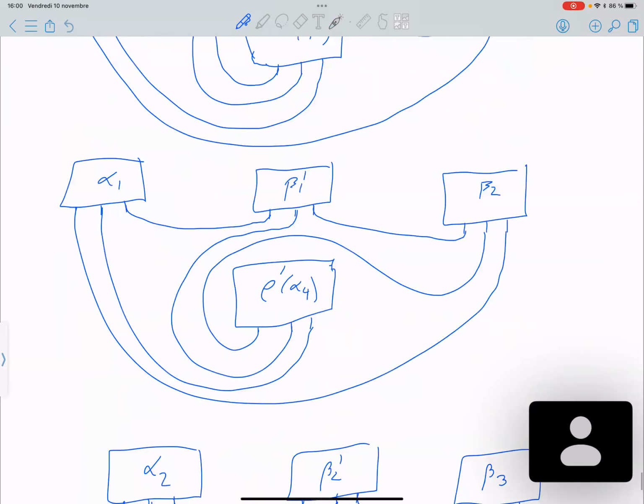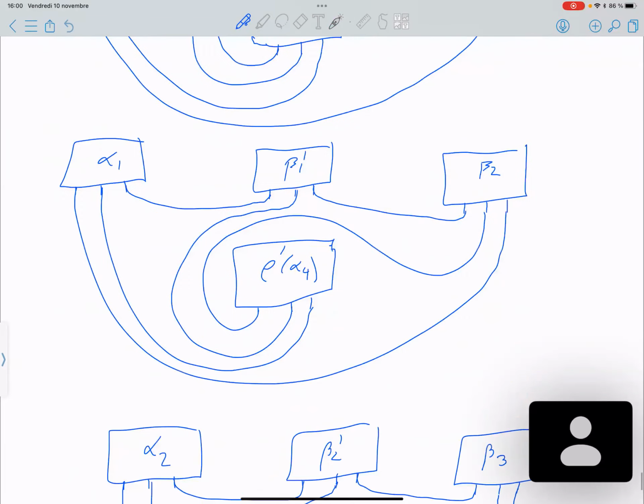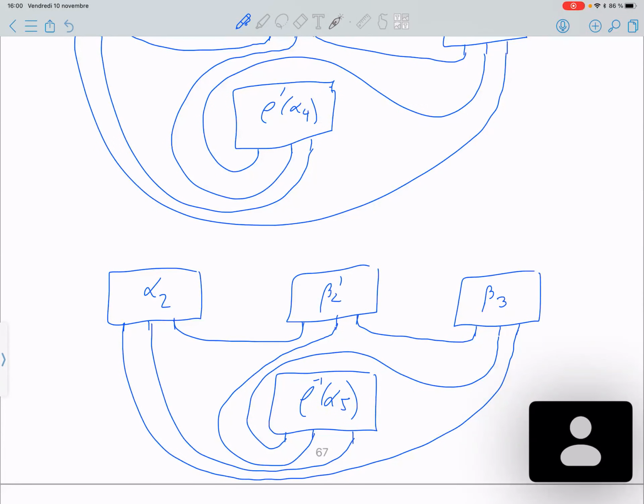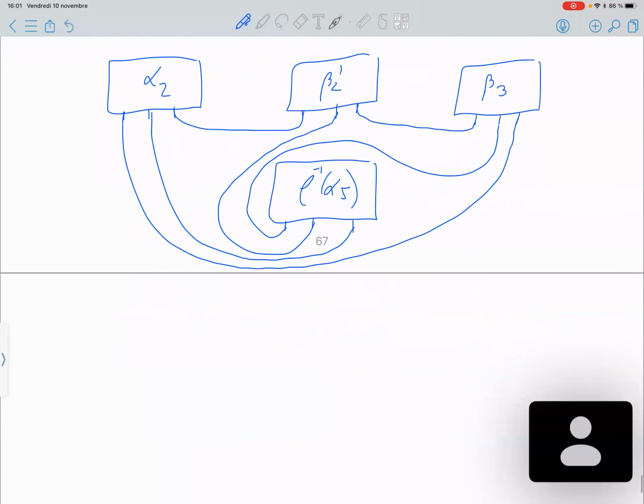But these last three pictures are the exact shape of a monoidal tetrahedron, so that can be replaced by the formula T of the morphisms, T of 1, 2, 3, 4 morphism times T of, etc. And so you get that the TP is, you get the right hand side.